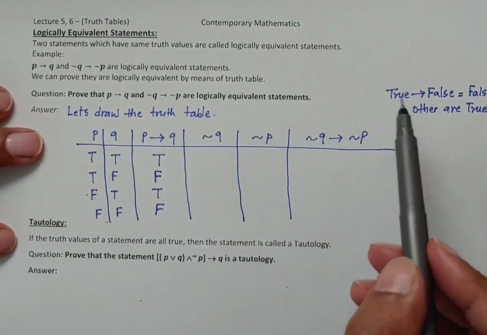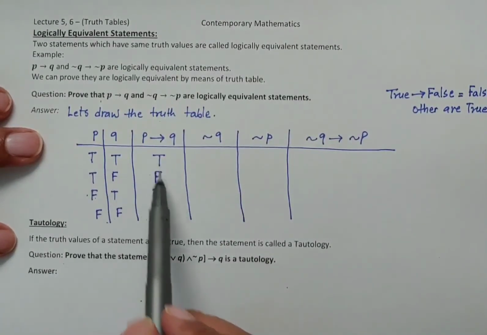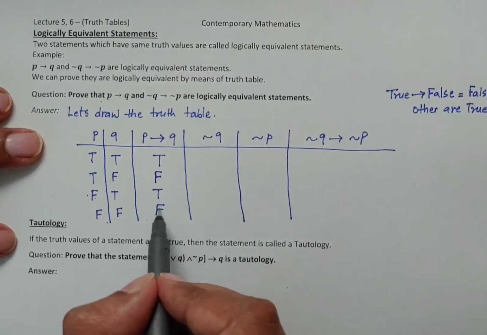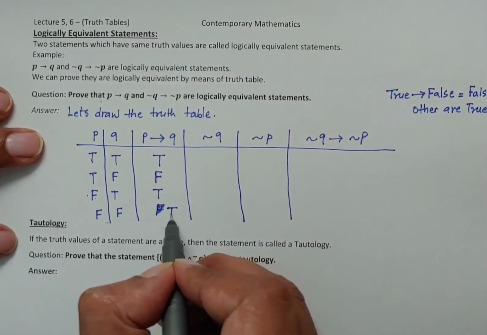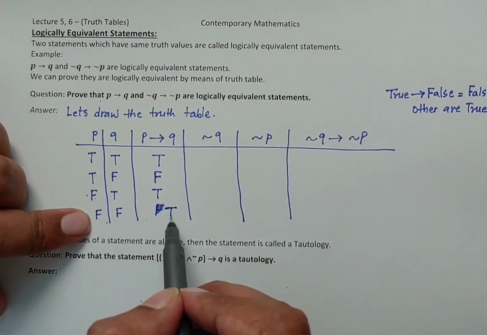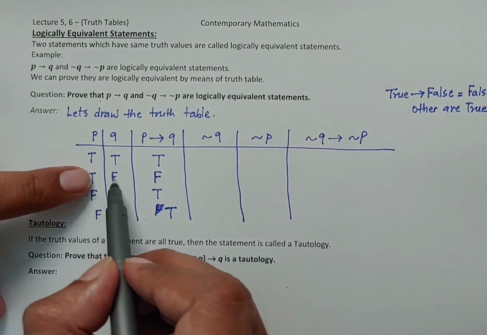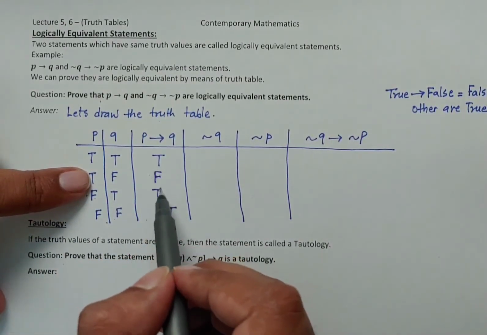So here true implies false is false and the others are true. Sorry, this has to be true. That was a mistake. So false implies false is true. True implies false is false. Okay, so we get true, false, true, true.